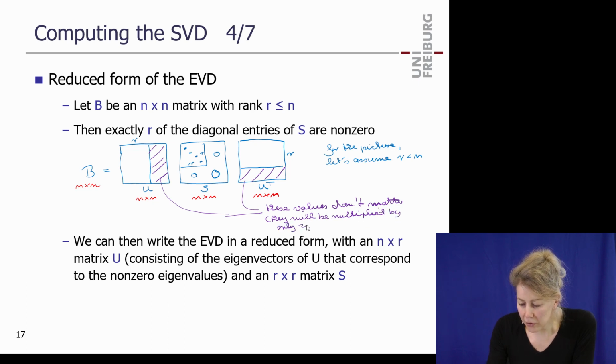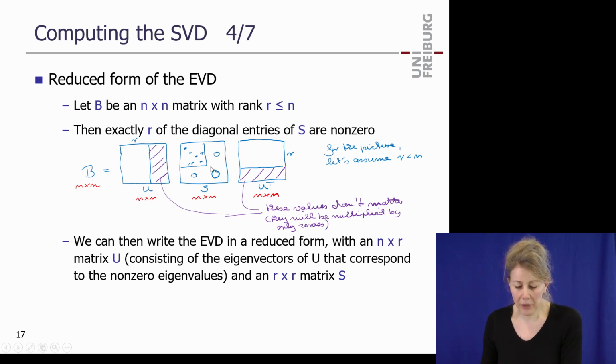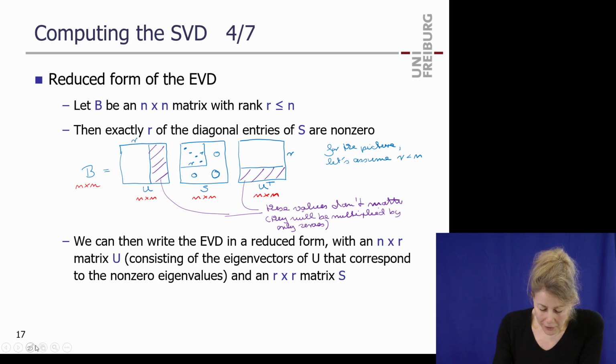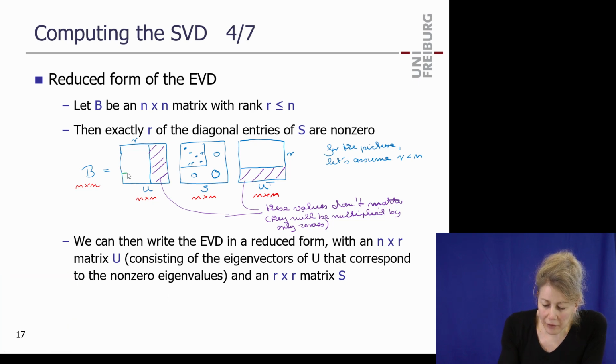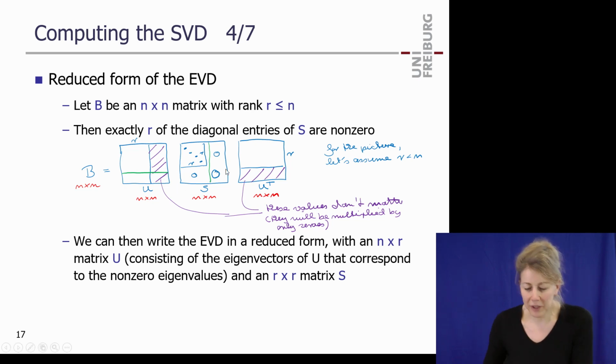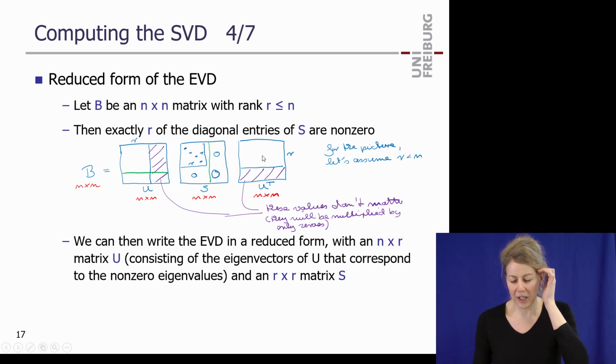If you don't believe it, you can try to prove it yourself. If I have something which is all 0 here, think about it. Let me take maybe a green thing here. If I do this line here and I now multiply it with this matrix, then it somehow gets here. So everything beyond the R will be multiplied by only 0, and the same thing happens on the other side.